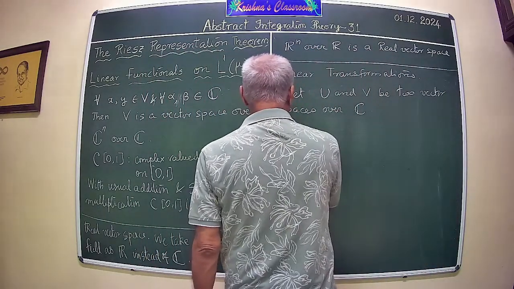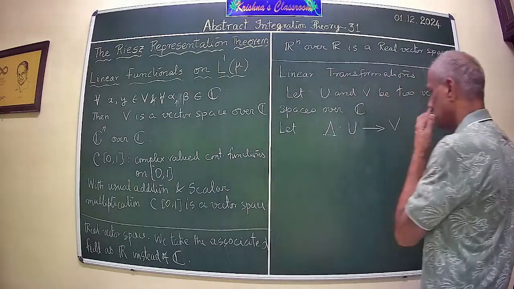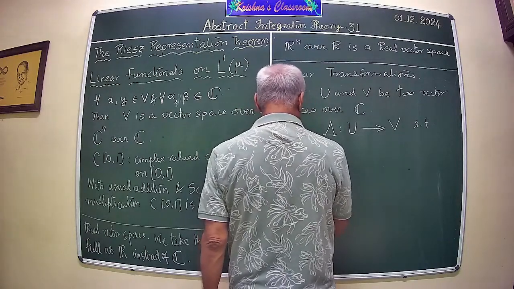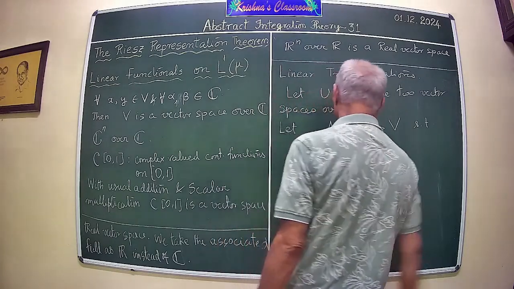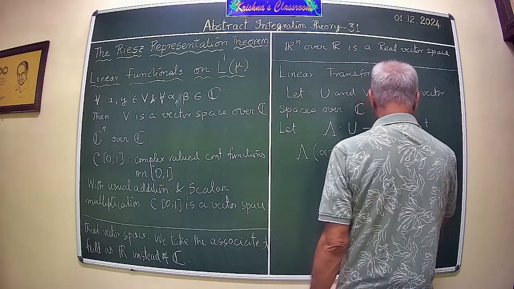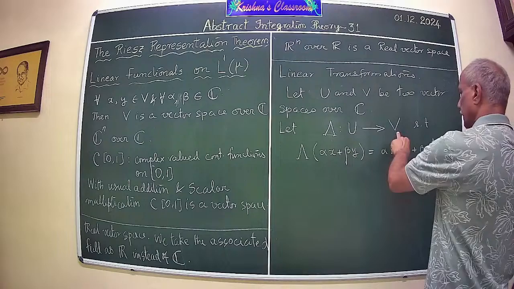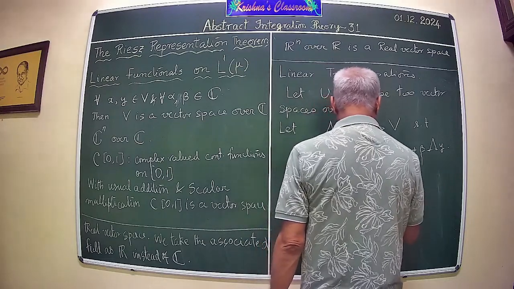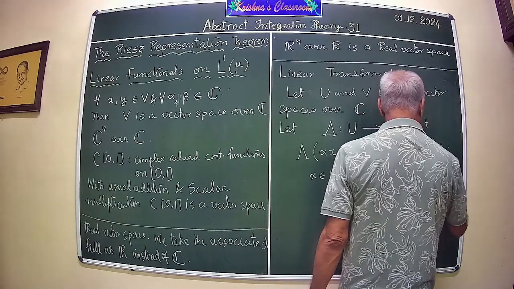Let lambda be a map from U to V. So lambda is a map from U to V. Therefore, for x belonging to U, it is mapped to lambda x belonging to V.